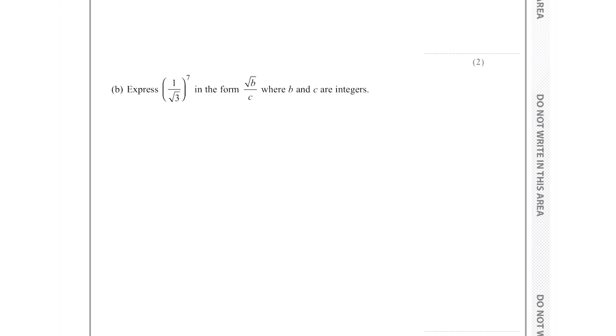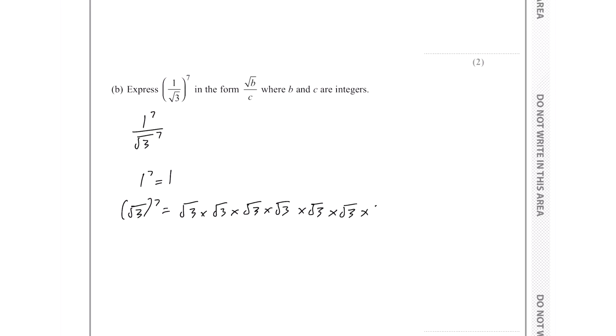So if we analyze both sides separately, firstly, this can be written as 1 to the power of 7 over root 3 to the power of 7. That's how that can be written. Now 1 to the power of 7 is just going to be 1. And root 3 to the power of 7 is where you want to be careful, because that's going to be root 3 times root 3, 7 times, so that's 5, 6, and 7.